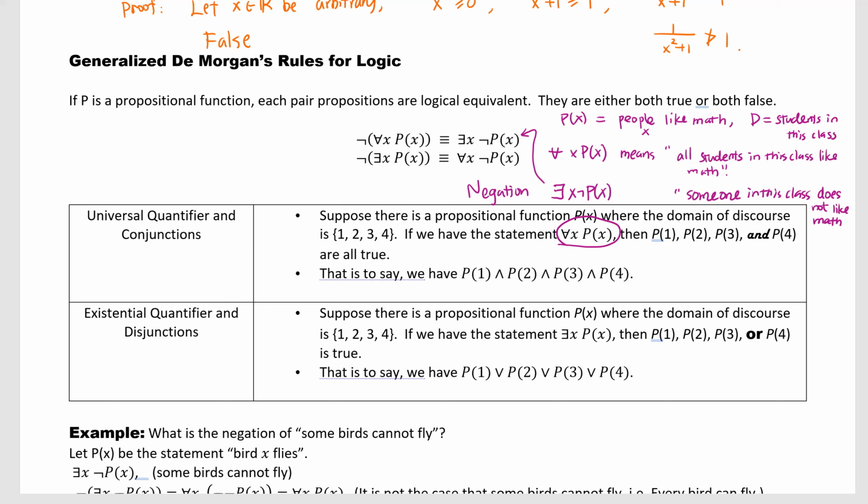So it could be P of 1 is true, or P of 2 is true, or P of 3, or P of 4. One of them being true is okay. So that is just to say we have P of 1 or P of 2 or P of 3 or P of 4. So the existential quantifier is like a disjunction. So far so good, everybody?